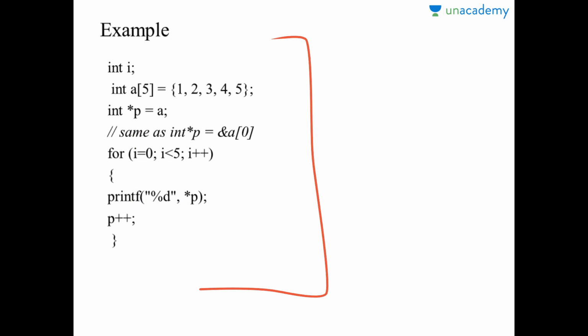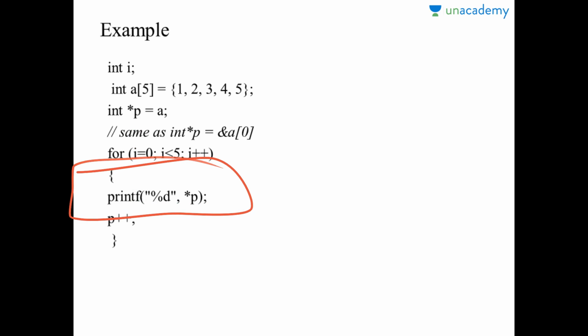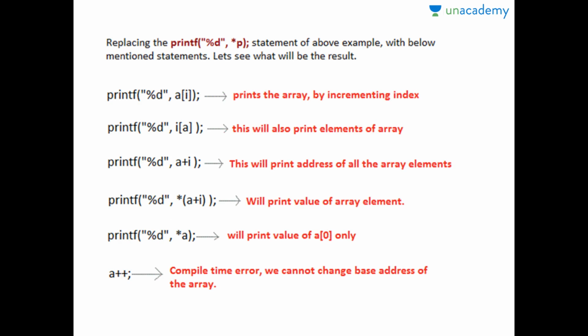If we replace this %d and start with the statement here, we'll get outputs such as these. If we replace it by this, it will print the array by incrementing the index. If we replace it by this, we'll also print elements of the array.